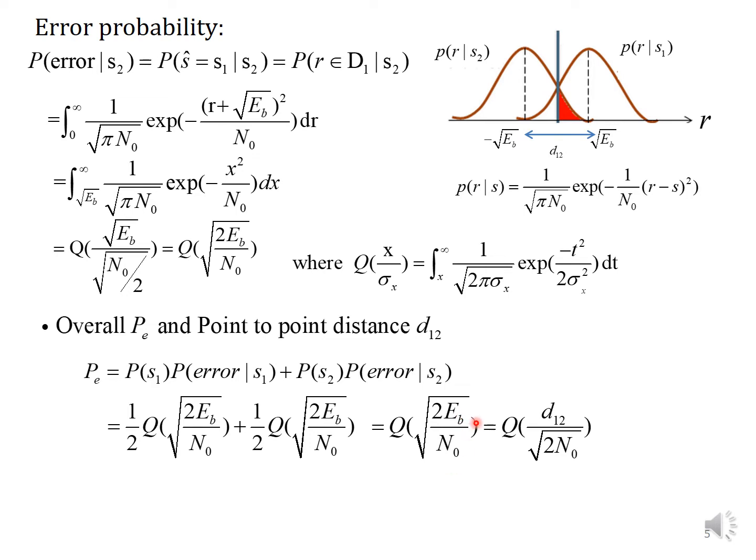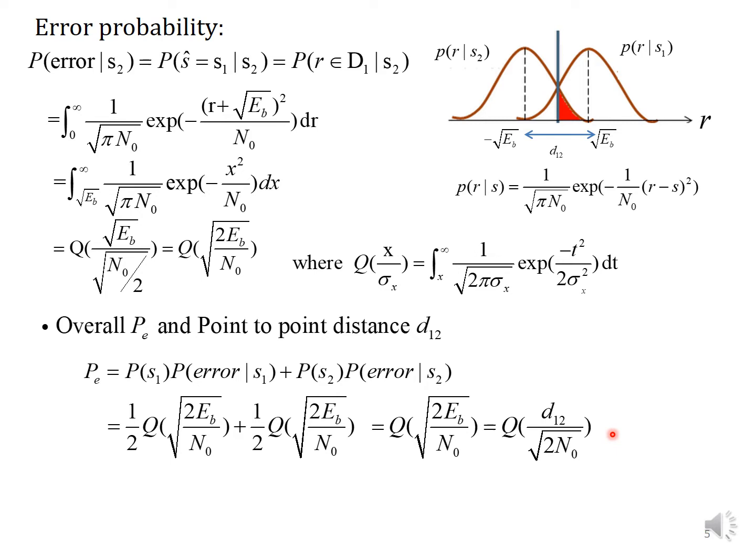The error probability could also be determined by the distance between the two symbols, symbol 1 and symbol 2. So the distance basically determines the error probability.